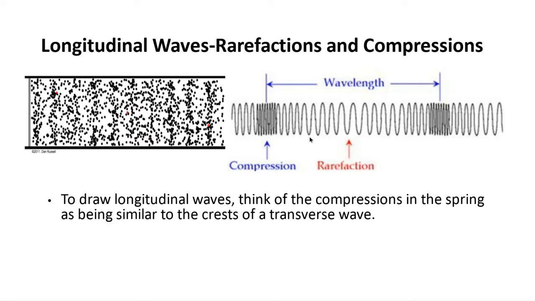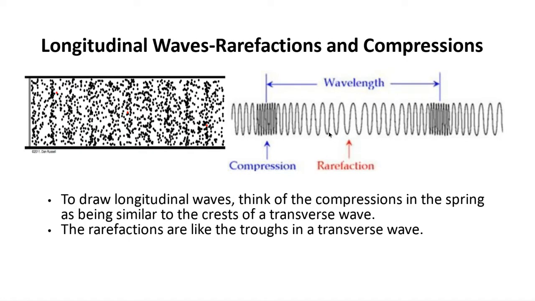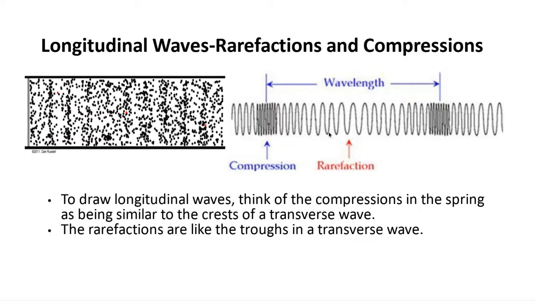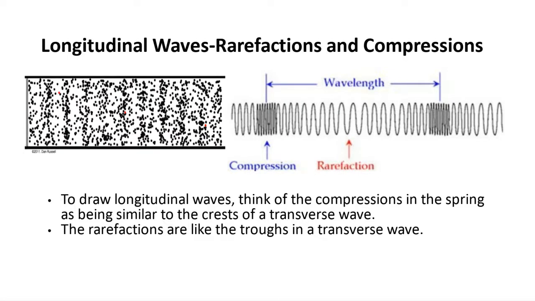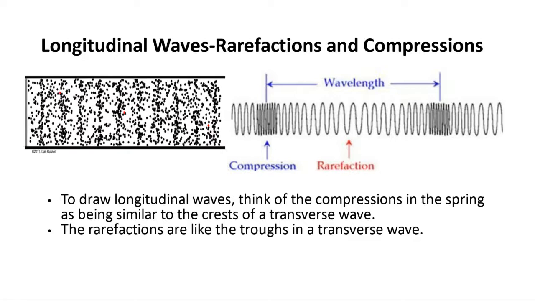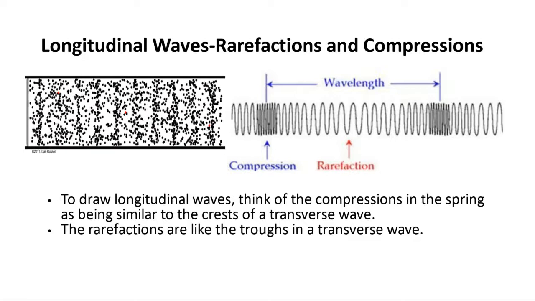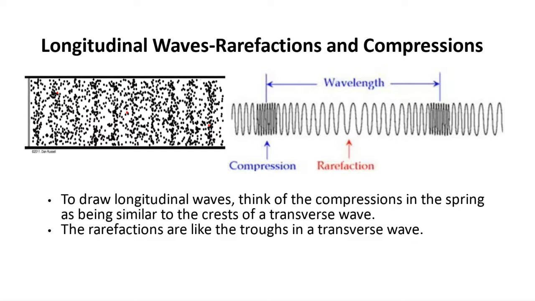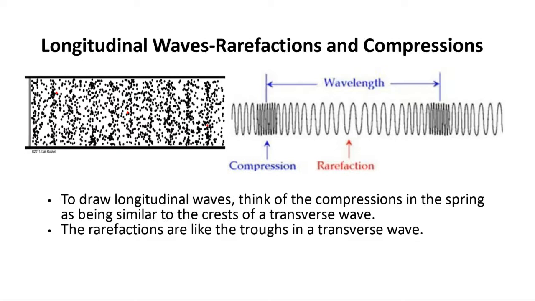And I want you to think of the rarefactions as being similar to a trough. And if we can equate those two variables, then we can draw a longitudinal wave just like a transverse wave. We just need to know the difference in how the particles move.